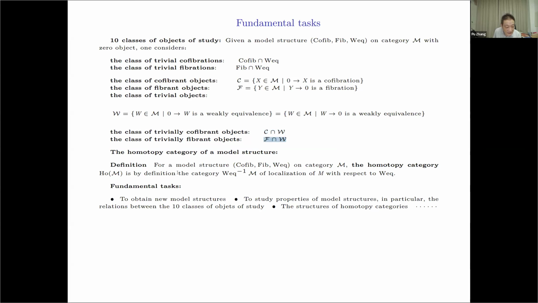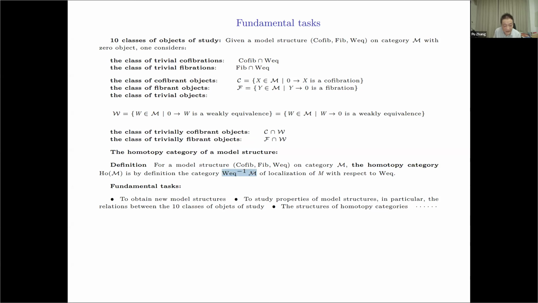Another important concept is the homotopy category of a model structure. By definition, the homotopy category is just the localization of M with respect to the class of weak equivalences.